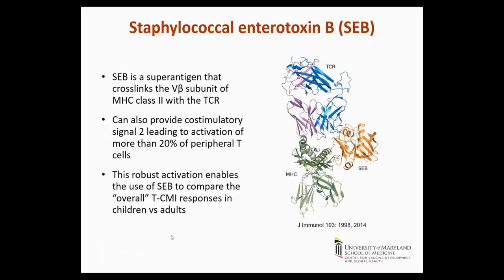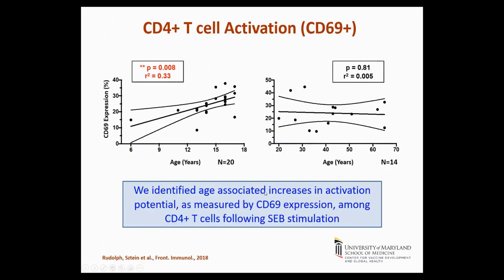And we used several systems, but I will focus this talk on the use of Staphylococcal enterotoxin B, or SEB, which is a superantigen that, because it cross-links the V beta subunit of the TCR with MHC class 2, stimulates a large number of cells. And this robust activation will allow us to compare what you would call the overall T-cell-mediated immune responses in children versus adults.